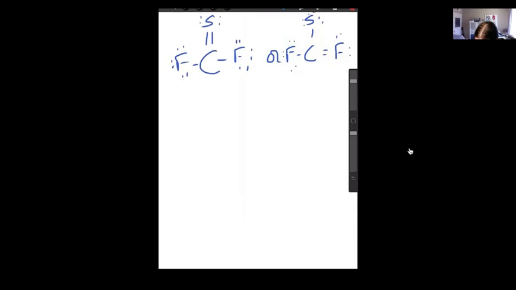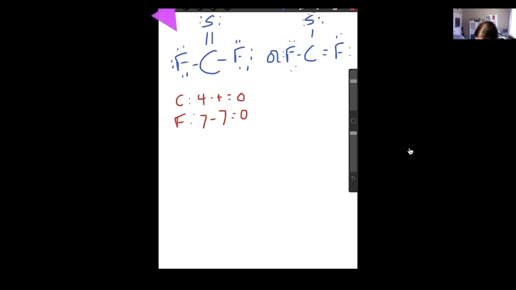So carbon came in with 4 electrons, and it has 1, 2, 3, 4 bonds around it. So 4 minus 4 equals 0. That's a good number. This fluorine came in with 7, and it has 1, 2, 3, 4, 5, 6, 7 around it, because you only count 1 electron for each bond, and then 1 electron for each non-bonding electron.